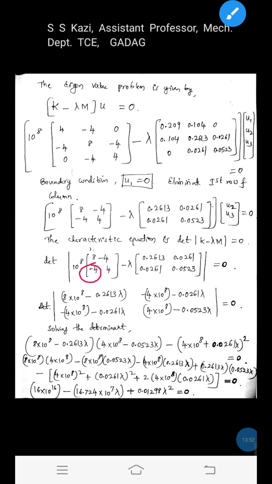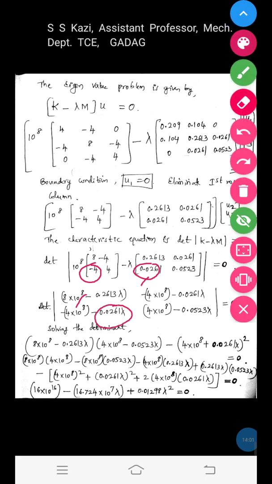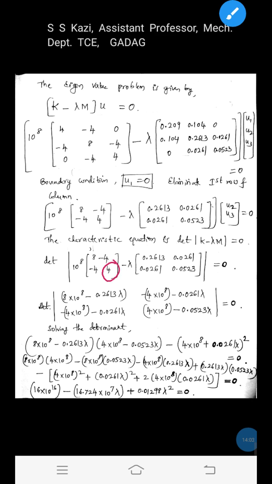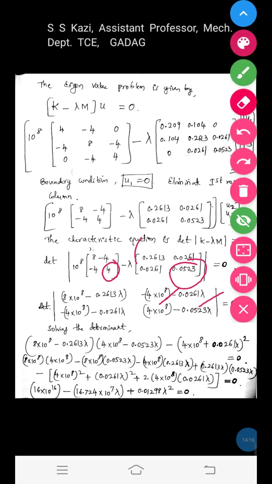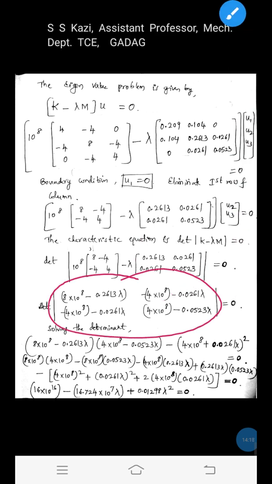Now for this, the corresponding term is this one, therefore you will get minus 4 into 10 raised to 8 minus 0.0261 lambda. Next, the fourth term: 4 into 10 raised to 8, correspondingly you write the mass matrix coefficient, 4 into 10 raised to 8 minus 0.0523 into lambda. Now you got the 4 terms of this determinant is equal to 0.